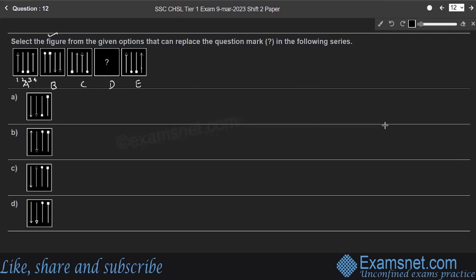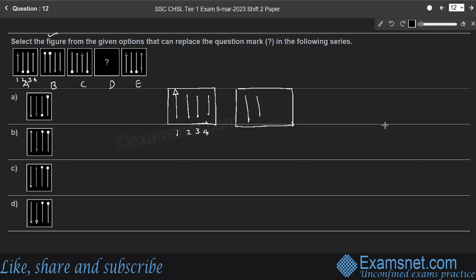Consider the first figure, which has 4 lines: 1, 2, 3, 4. Here the first line is with a triangular portion and the direction is upwards. Consider the second figure. In the second figure also we have 4 lines.